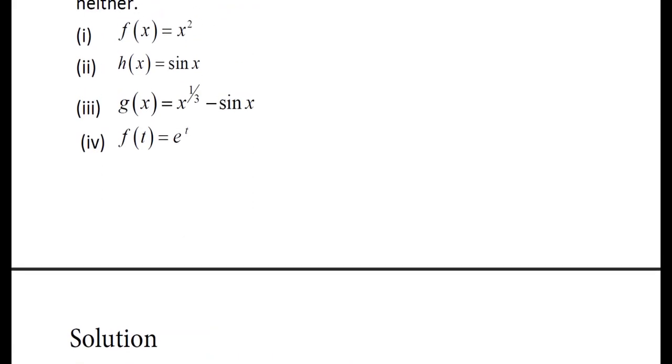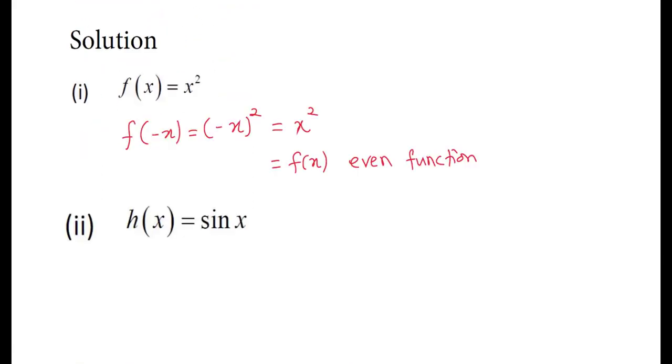Look at number 2. h(x) equals sine x. So h(negative x) equals sine of negative x. Okay, how do we know the answer for sine of negative x? You can write this as sine of (0 minus x).